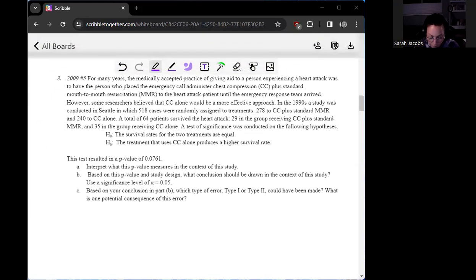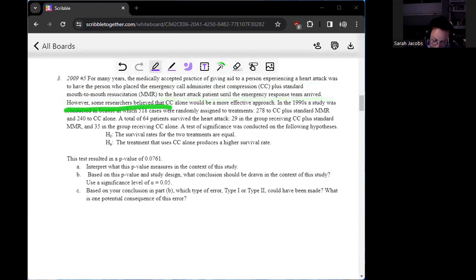Number 3. For many years, the medically accepted practice of giving aid to a person experiencing a heart attack was to have the person who placed the emergency call administer chest compressions, CC, plus standard mouth-to-mouth resuscitation, MMR, to the heart attack patient until the emergency response team arrived.